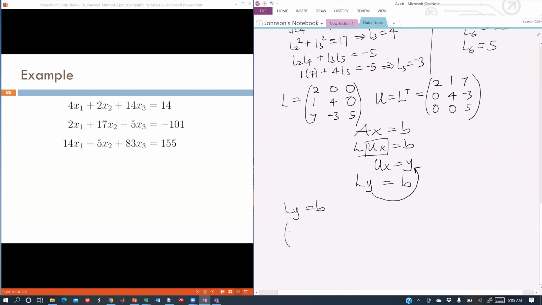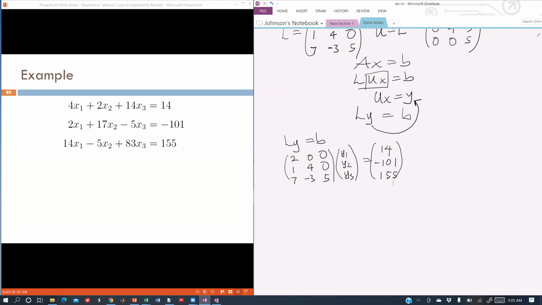And so I'm going to have it as 2, 0, 0, 1, 4, 0, 7, minus 3, 5 times Y, which is Y1, Y2, Y3, because X is X1, X2, X3. The B part, which is the right-hand side of the system, is 14, minus 101 and then 155. This is what I have.